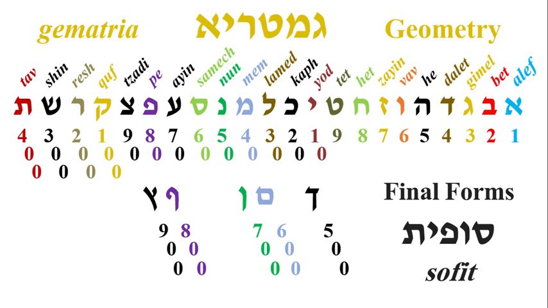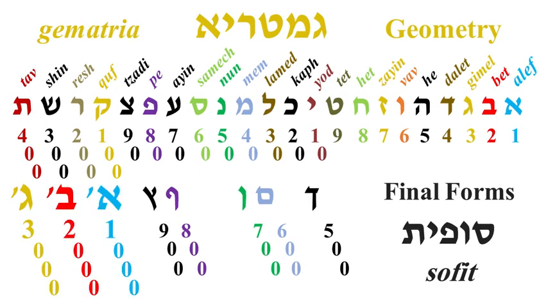Then if you put the final forms in, the final Kaf, or the Kaf Sophit, is 500. The Mem Sophit is 600. The Nun Sophit is 700. The Pei Sophit is 800. And the Tzadi Sophit is 900. Then it jumps back to Aleph.